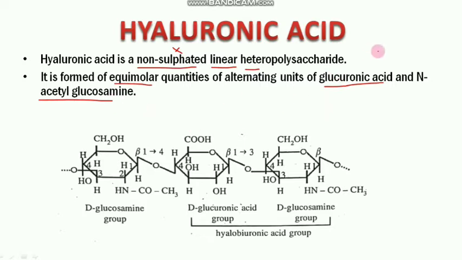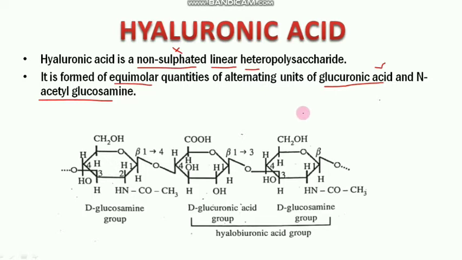Glucuronic acid is nothing but the oxidation product of glucose. We know that when a monosaccharide undergoes oxidation, it will result in acid, and when it undergoes reduction, it will result in alcohol. So glucuronic acid is the oxidized product.